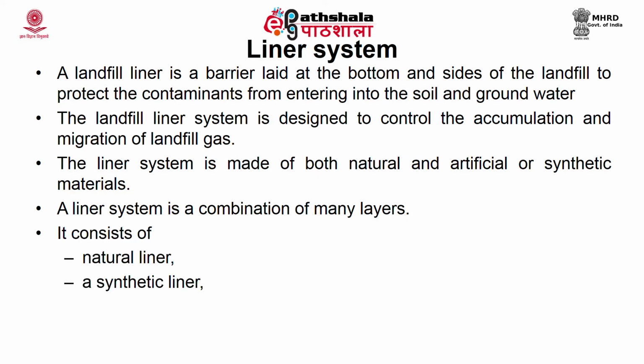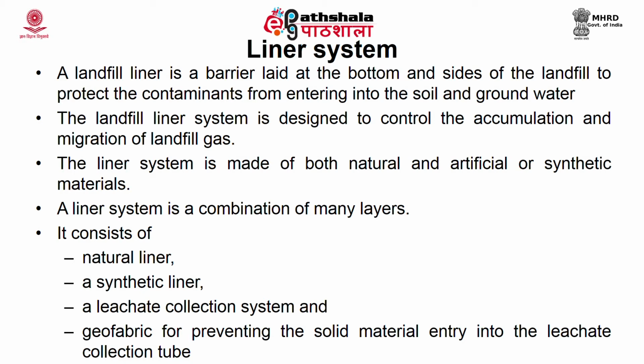A liner system is a combination of many layers. You can find a natural liner, which can be clay. You can have a synthetic liner, which can again be a polymer such as PVC, high density polyethylene or low density polyethylene, etc. Then you will have a leachate collection system and a geofabric for preventing solid material entry into the leachate collection tube.